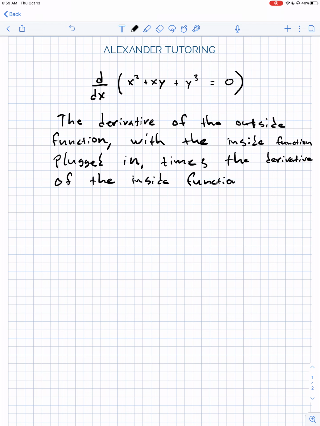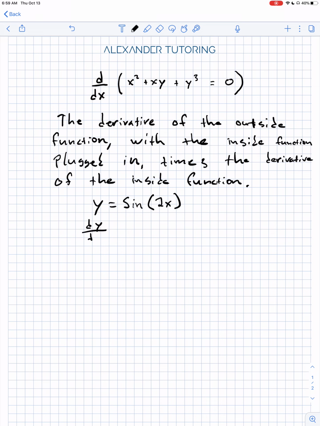So recall that the chain rule is for composite functions, or when you have one function plugged into another. I'm going to do a quick recap of the chain rule with a simple problem, like the sine of 2x. We want to take the derivative of this.